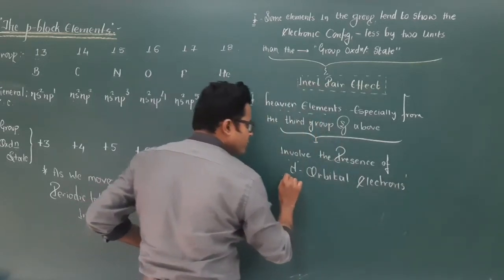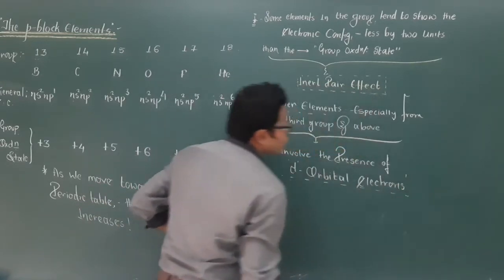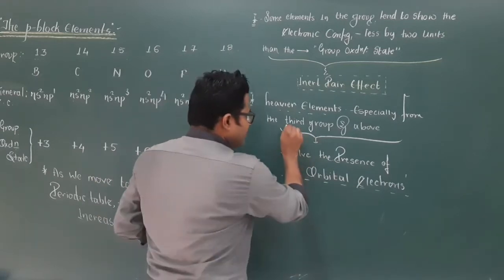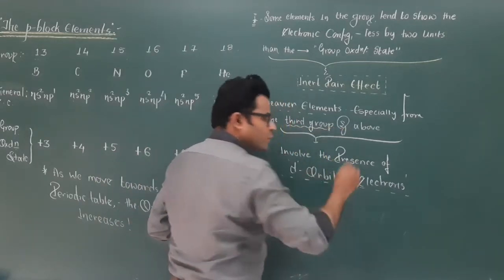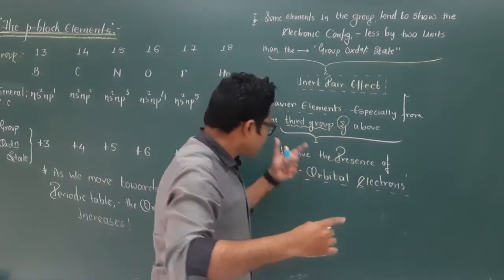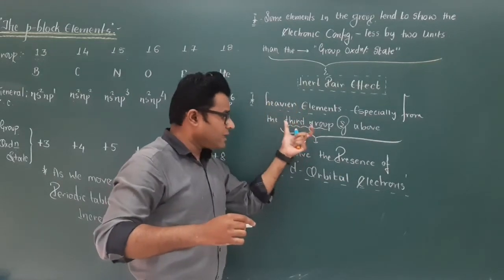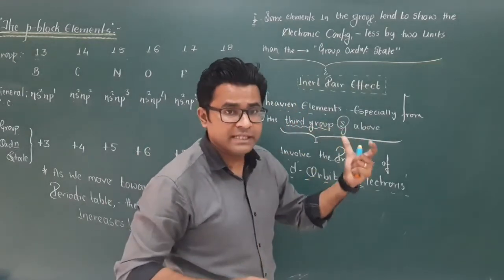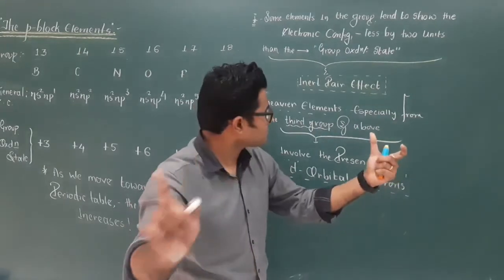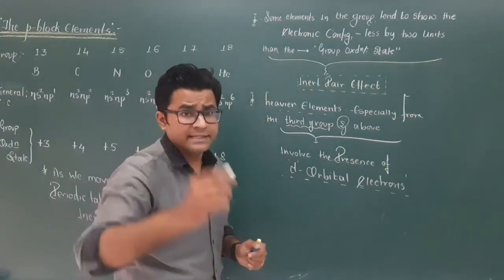Okay, so we have to remember this important point. The elements which start from the third period and onwards, these heavy elements will involve the presence of d orbital electrons. Okay, so let's observe the next concept.